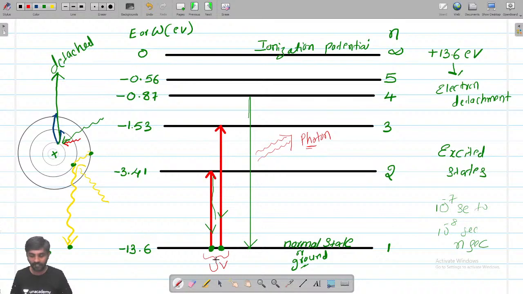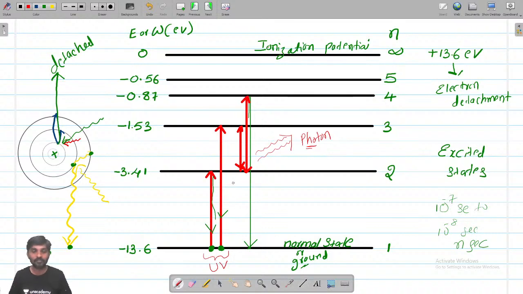Okay, if it is moving, let us say, from third to 2, 3 to 2 or 4 to 2, what is this, sir?